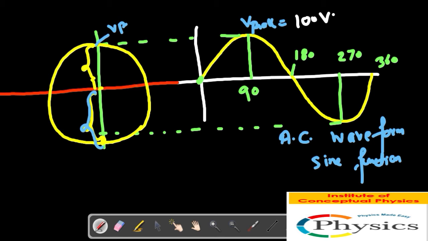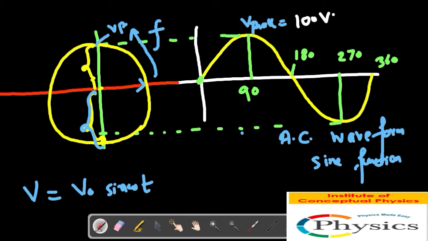So a phasor starts from here and starts revolving with the frequency f of the signal. If the signal is V equal to V naught sine omega t, the waveform is getting converted into a phasor.